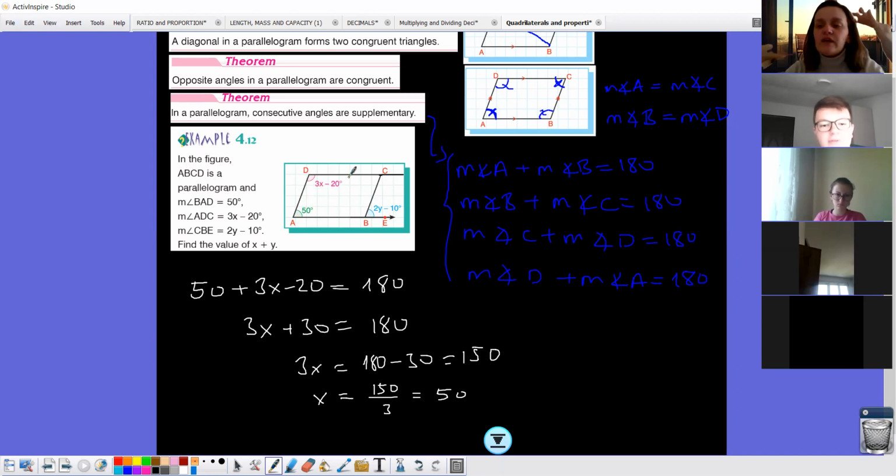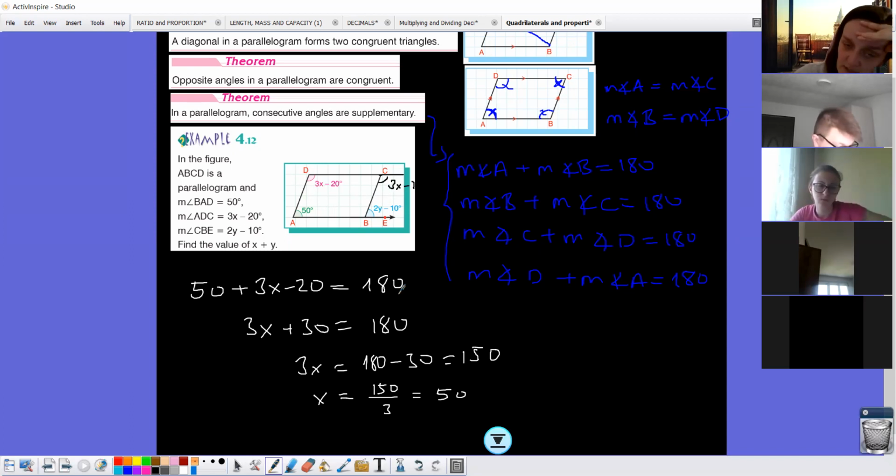Look, do you remember when we had two parallel lines, we studied the transversal, the corresponding angles, alternate interior angles? Because this is a parallelogram, we know that AD is parallel to BC, so this angle and this angle are corresponding angles, and this is 3x minus 20, so their sum will be 180.